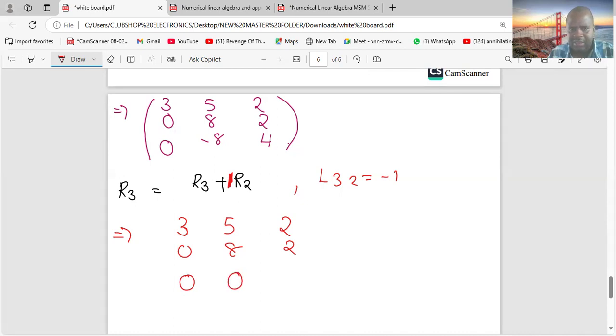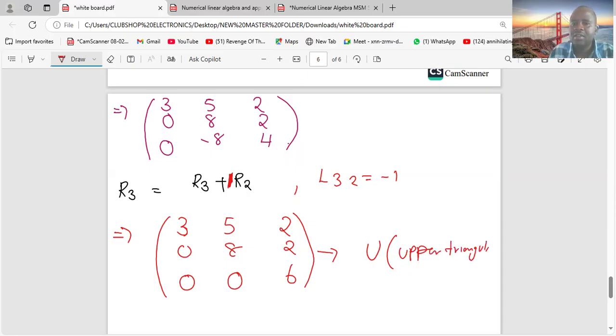Then when you add 4 plus 2, we get 6. And this is your upper triangular matrix. This one is our U, which is the upper triangular matrix. Okay, so it's a shortcut.